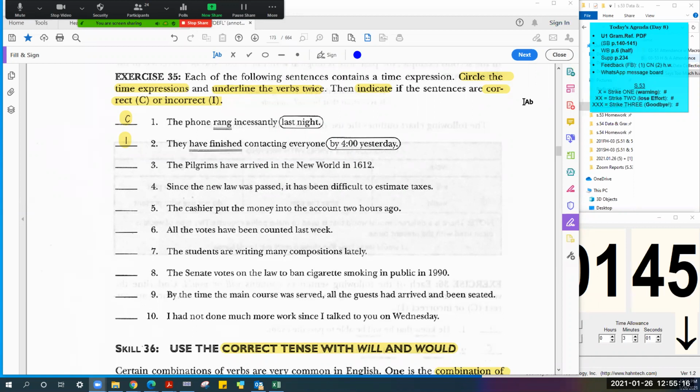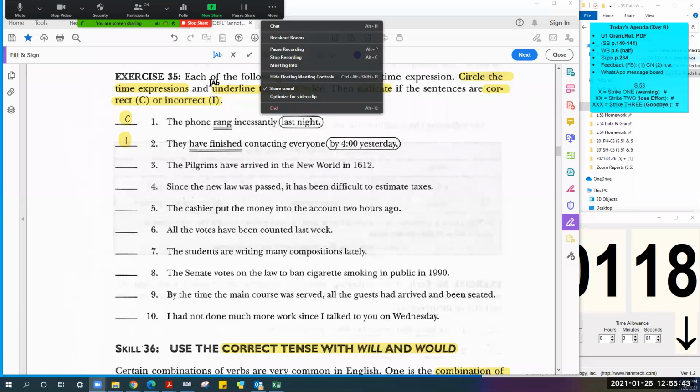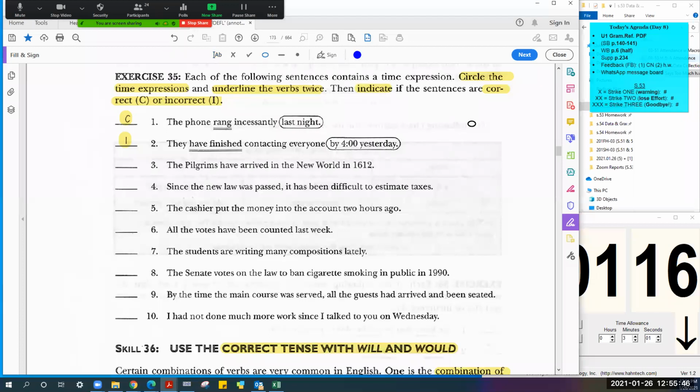One minute, 45 seconds. One minute, 30 seconds. One minute, 15 seconds.